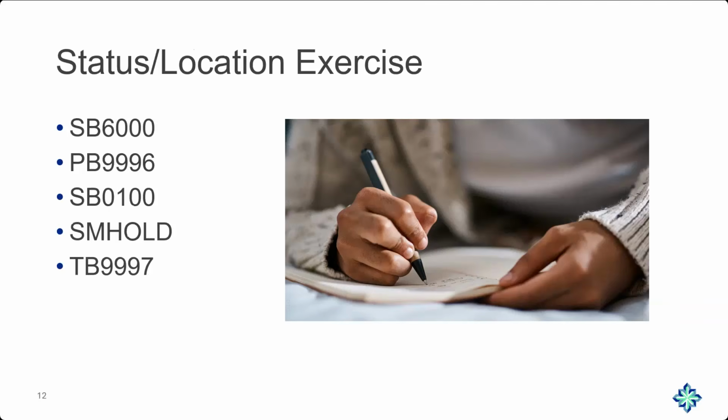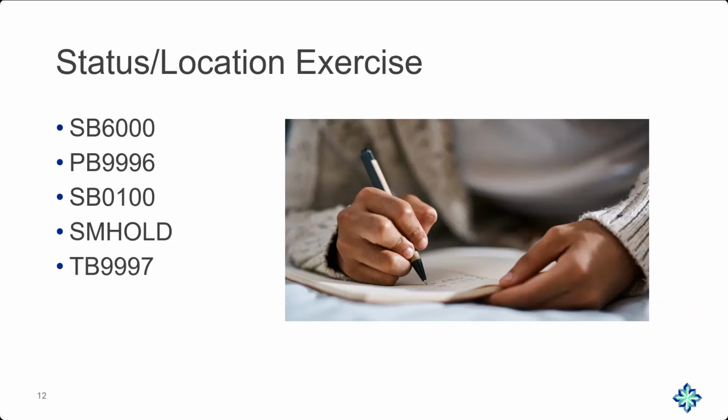I want to pause here for just a second and do a little status location exercise to reinforce this concept and our learning. The first example is SB 6000. The status is the first character.